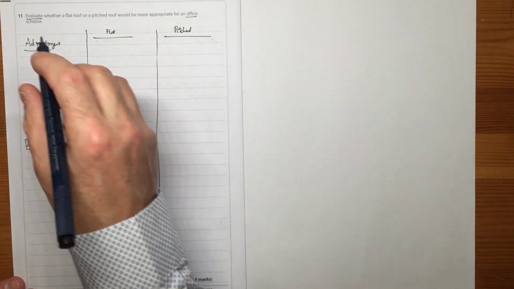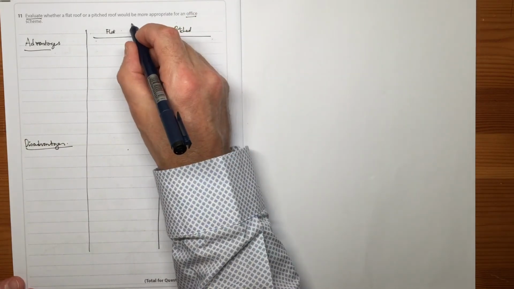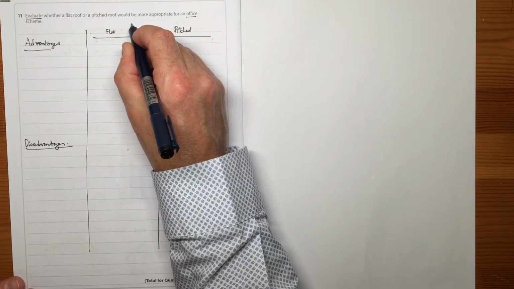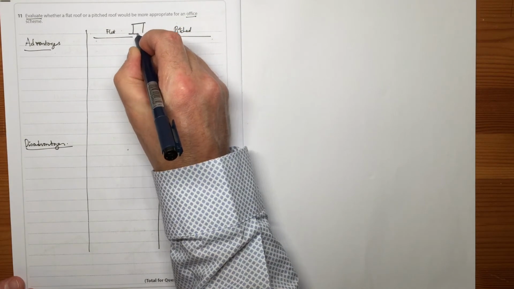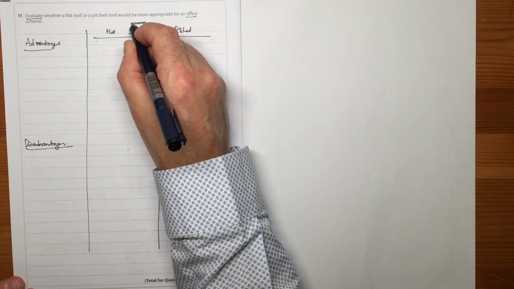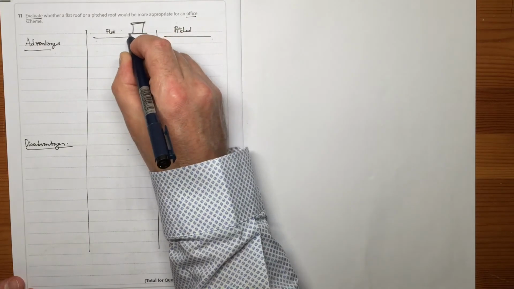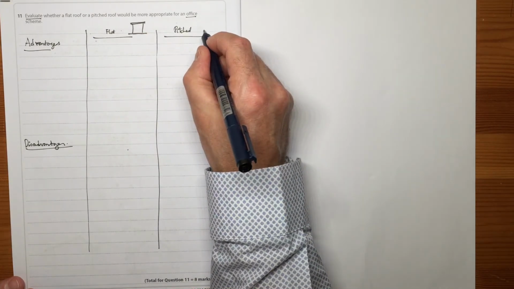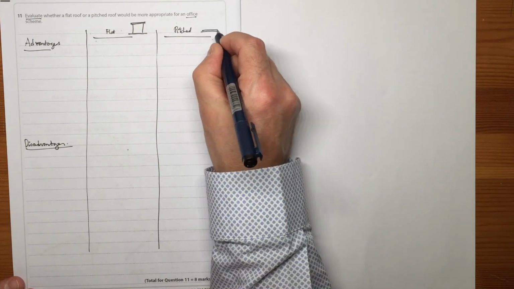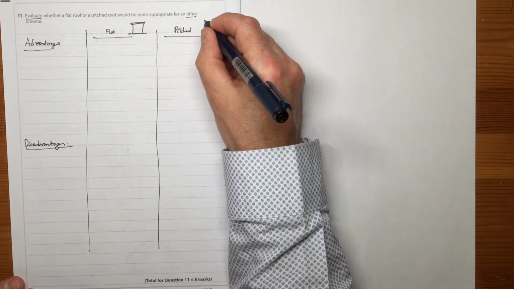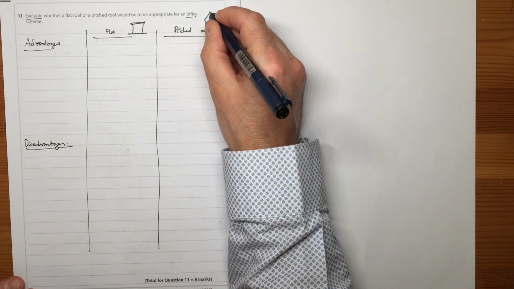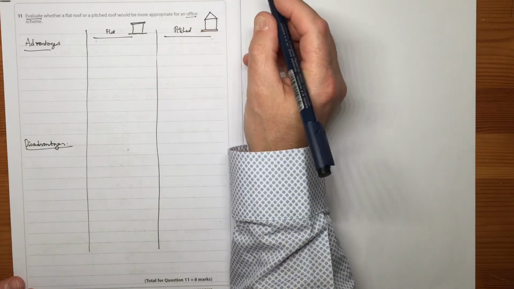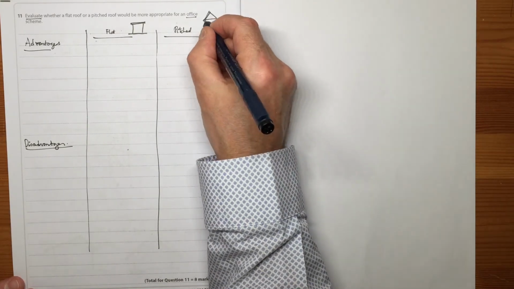Now, just to reiterate, a flat roof is merely that, sometimes at a slight angle. There's your flat roof. There's your building. And a pitched roof, of course, is one with a pitch.